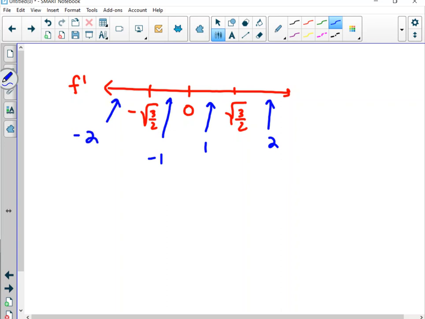Those would be good test numbers. I know the square root of 3/2 is bigger than the square root of 1, but it's less than the square root of 4, because 3/2 is between 1 and 4. 3/2 is 1.5. It's a little bit bigger than 1, but it's not as big as 4.